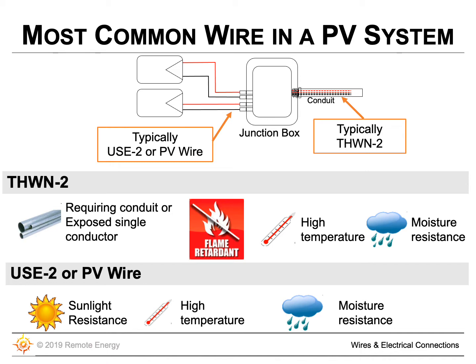So it can't be out in the sunshine because that outer layer will crack and peel off, and then the rain or the other elements can get through that softer plastic into the wire. But that USE-2, also called PV wire, well, that's rated to be out in the sun and the water, and it can take that high temperature.